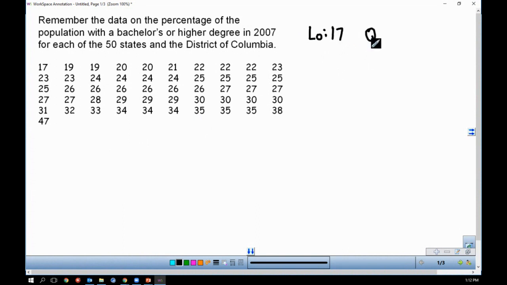What was our first quartile that we found on Friday? And if you don't remember where it was, this example is on the bottom of page 11. We found the first quartile, median, and the third.